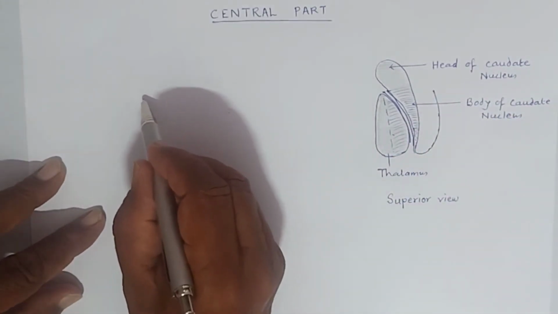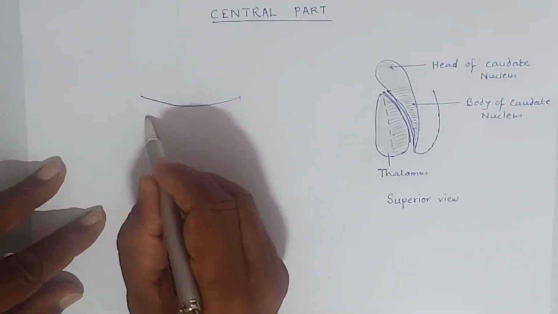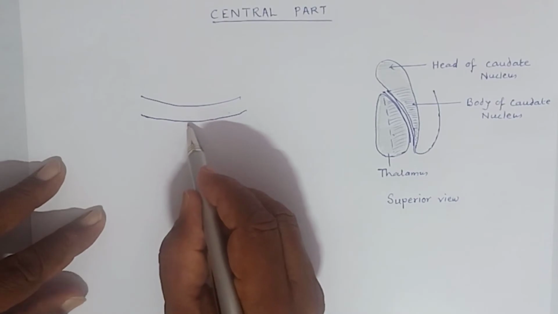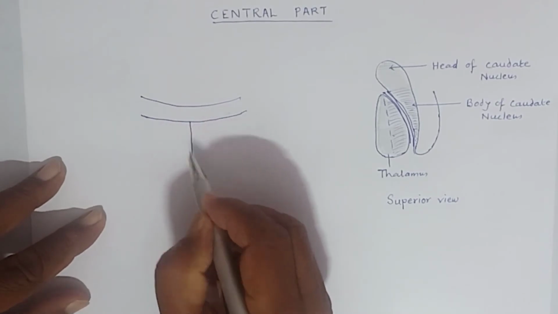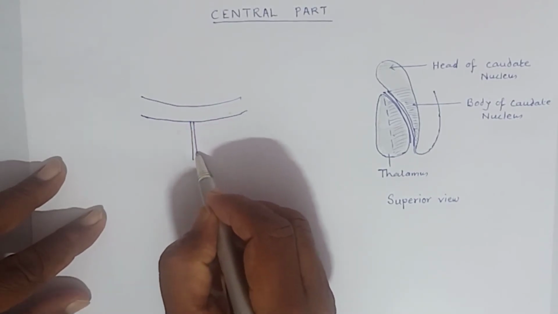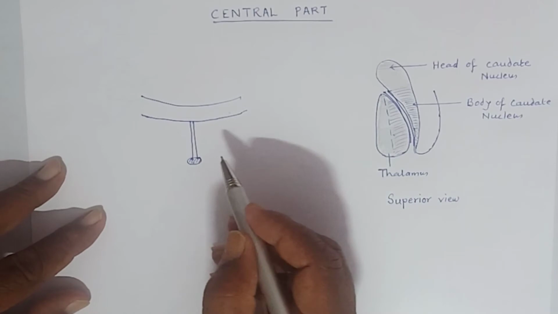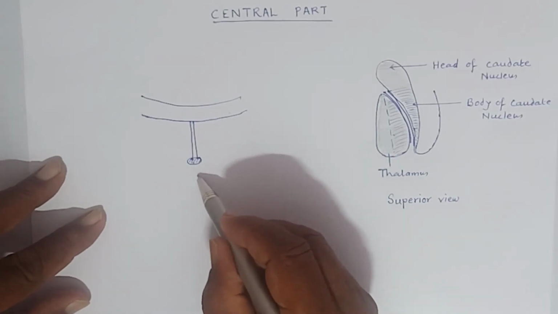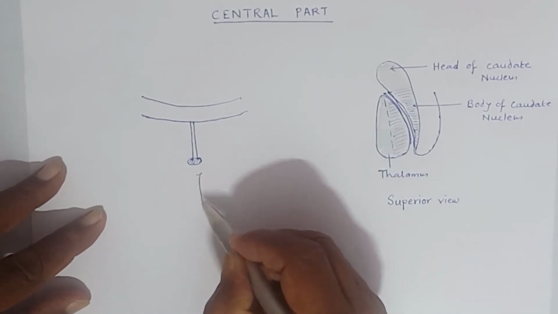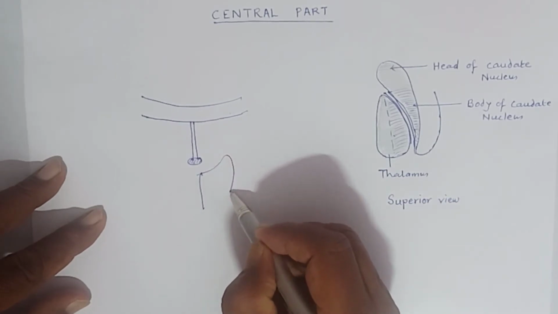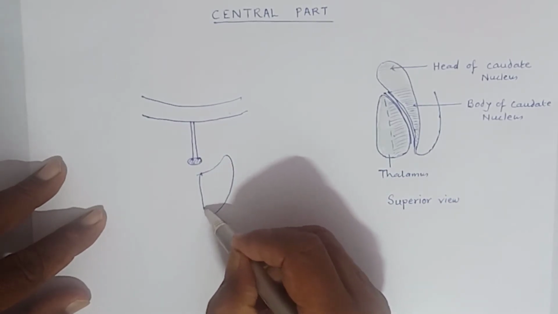If we see the coronal section, the roof is formed by body or trunk of the corpus callosum. Medial wall is formed by the septum pellucidum and the column of the fornix. And in the floor, there are four structures. Most medially, lateral part of superior surface of the thalamus.